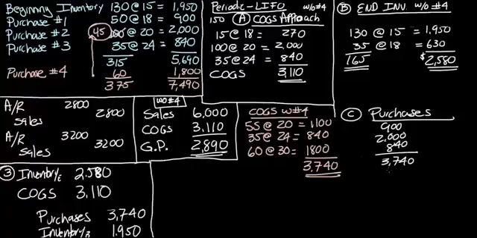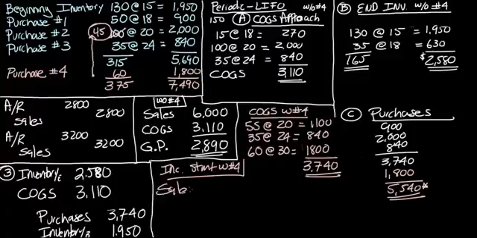I'm also going to have to add a number here to my purchases. So my purchases went from 3,740 now to 5,540, because I'm going to add that into my purchases. So if I look at my income statement with number 4, the sales number is not going to change.